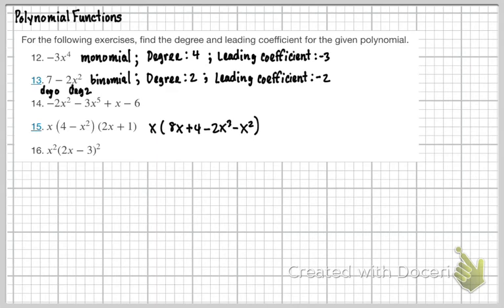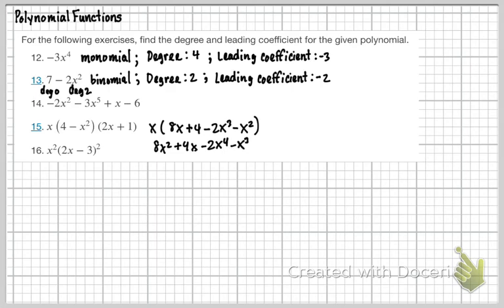I'm just going to rearrange it in descending powers. I always do that with these, but before I do that, I'm going to distribute my x through now. So 8x squared plus 4x minus 2x to the 4th minus x cubed.